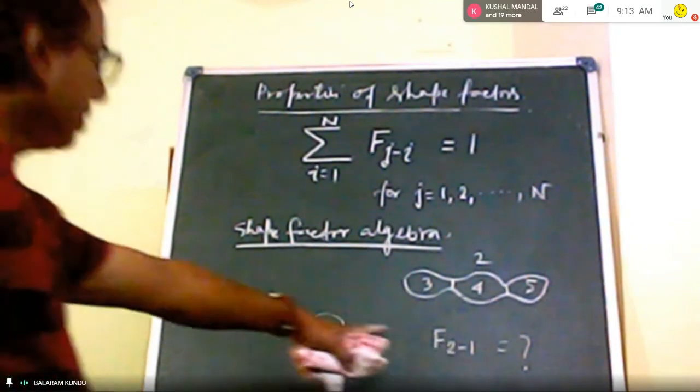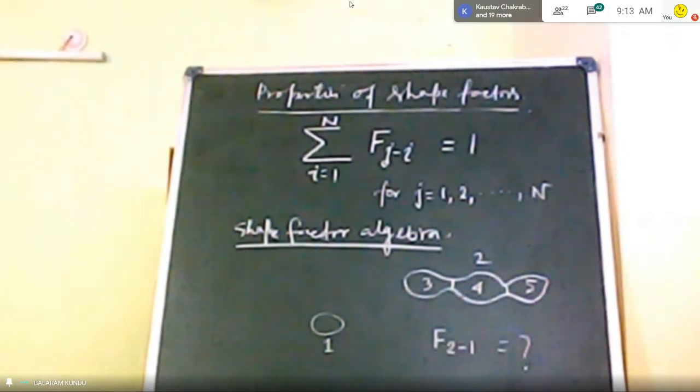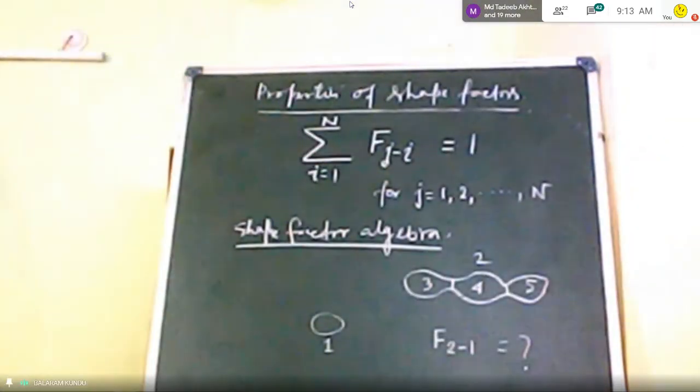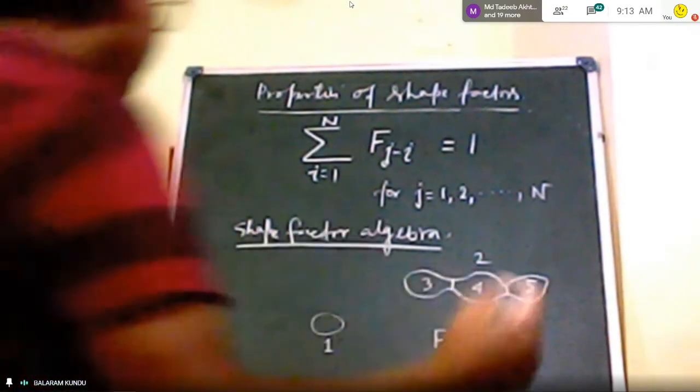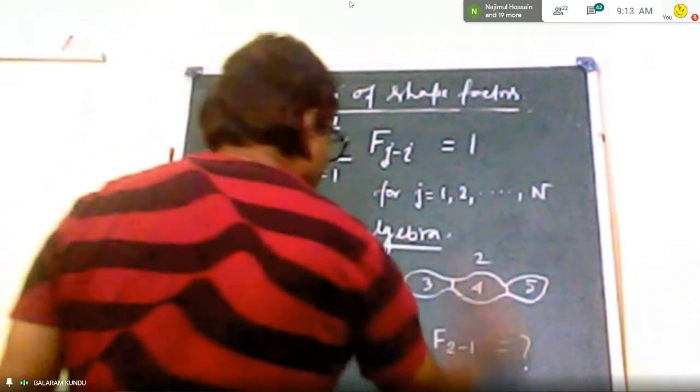Then we want to write the shape factor between surface 2 and 1. Here 1 is a simple surface, so no problem for that. We want to write shape factor 2 to 1.